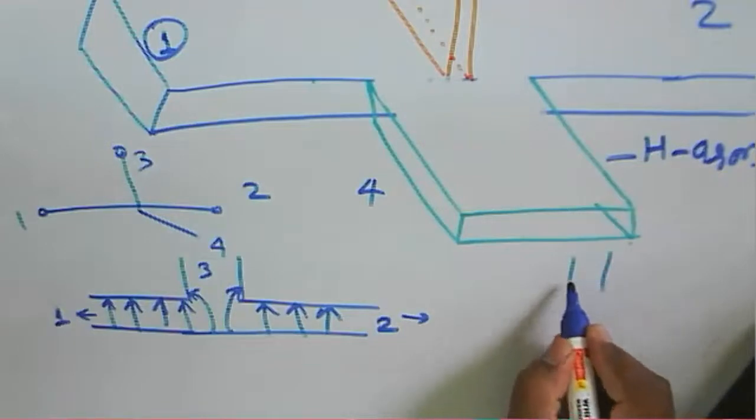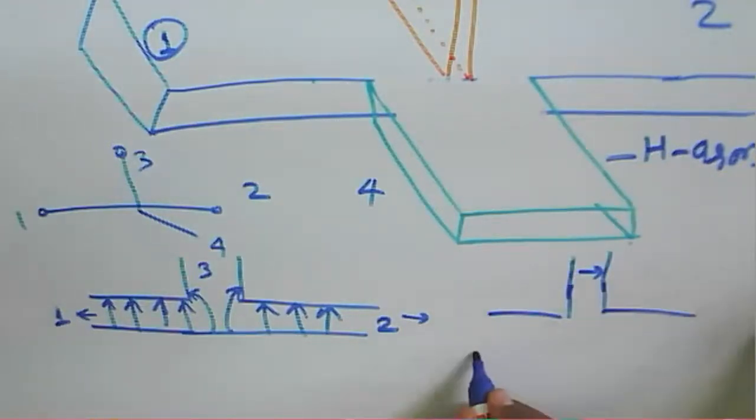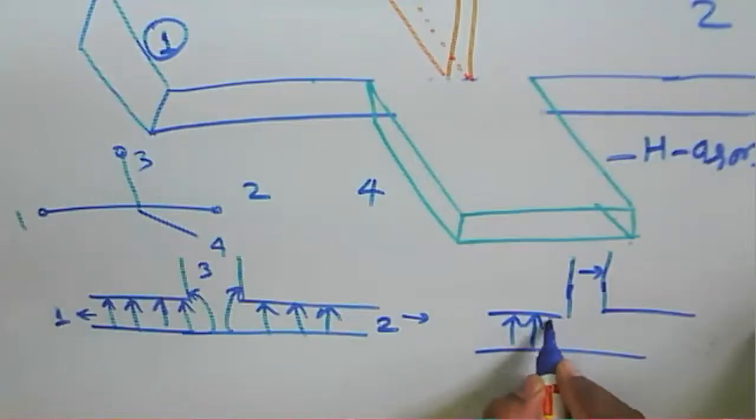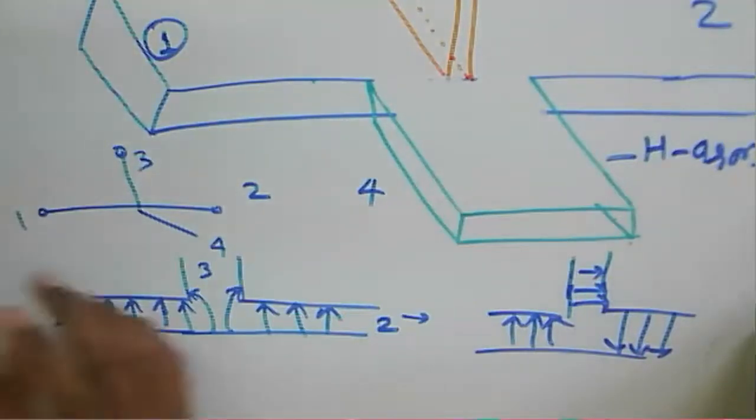Another thing is that if we are exciting port 3 here, we'll get the output across this that will be out of phase, that flux line.